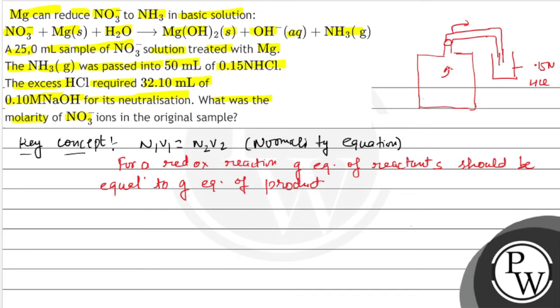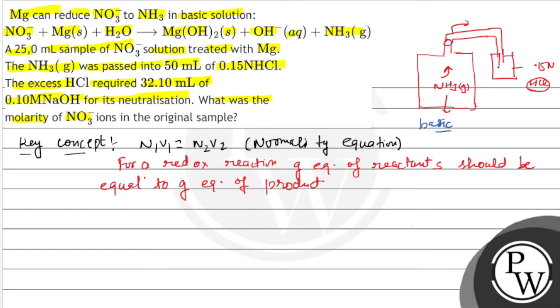As soon as ammonia is liberated from this solution, it will pass into this solution of HCl, and since ammonia is basic in nature, it will neutralize the HCl.